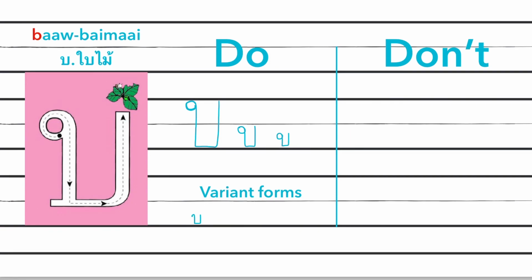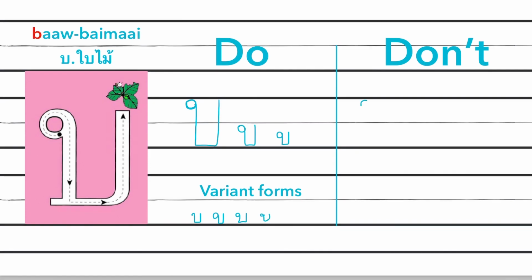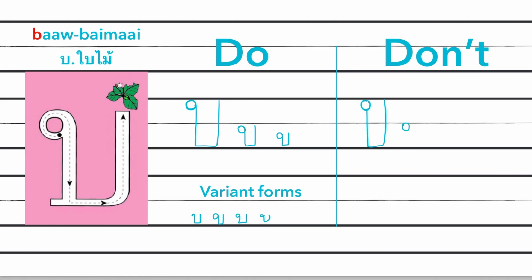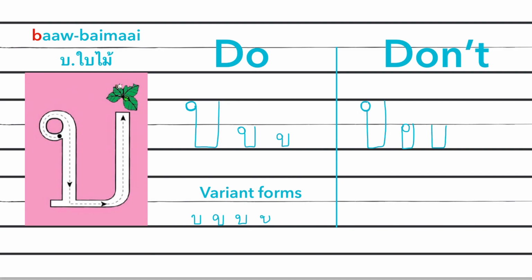Variant forms of บอใบไม้. Even though you start from the small circle, make sure you don't lift up your hand. And the line is supposed to be at the back of the small circle, not at the front like that. And this is a no-go, please don't.